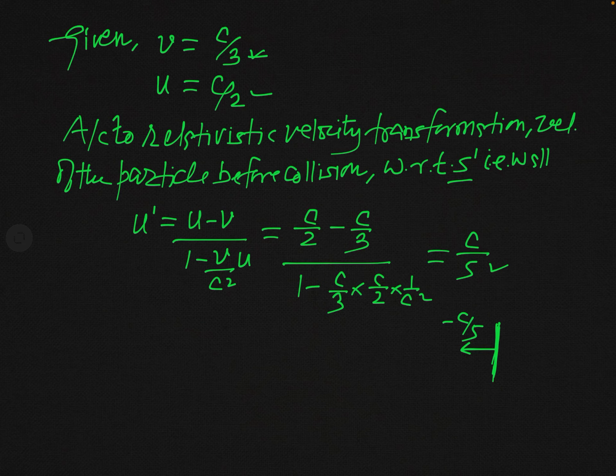And now we have to find the velocity of this rebounding particle in Earth's frame, that is, with respect to this moving wall. So again we will apply the velocity transformation formula.